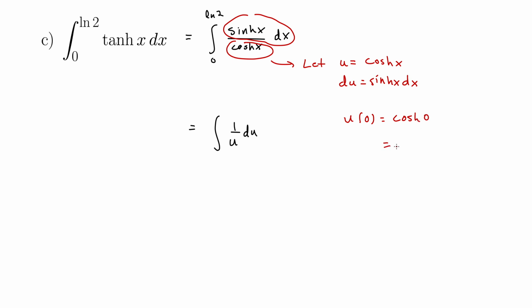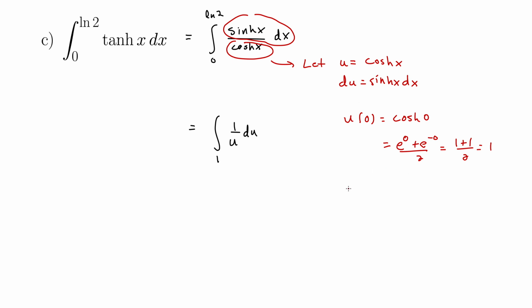Well, I don't remember what that is. That's okay. I'm going to use the definition of cosh. That's e to the 0 plus e to the minus 0 all over 2. 1 plus 1 over 2, which is 1. So this integral goes from 1 to something.